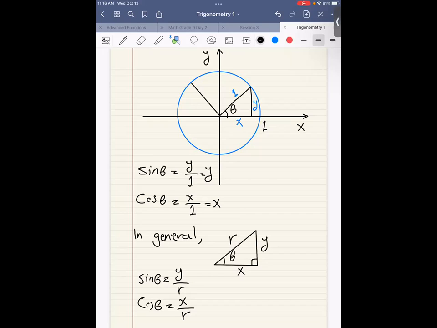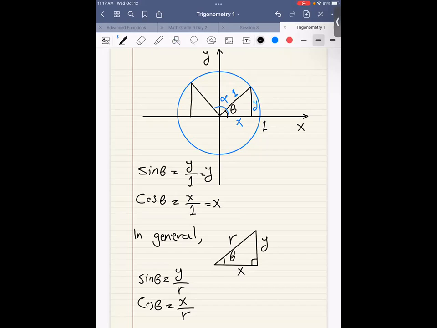So the definition remains exactly the same for this new theta, so let me just call it, I don't know, alpha, this new angle. Again, we have x and y.